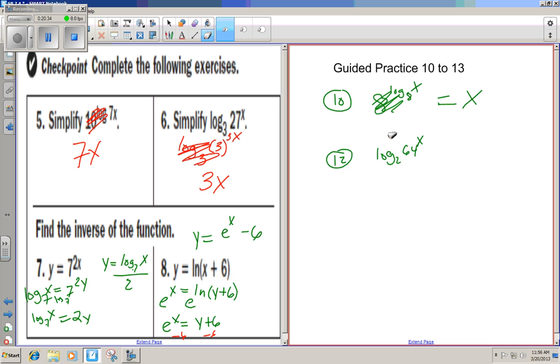You can't just do something. You have to figure out how to make 64 into a base of 2. So 2 to what power gives you 64? Well, 2 to the 6th power gives you 64, and then to the x. So log base 2 of 2 to the 6th x gives you 6x. So please remember that logarithms undo exponentials.